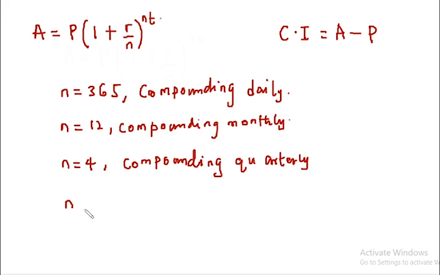How many 6 months do we have in a year? So n will be equal to 2. If we say compounding occurs yearly, we have 1 year in 1 year, so n will be equal to 1. This is the same case when compounding occurs annually. So let's quickly jump onto the questions.